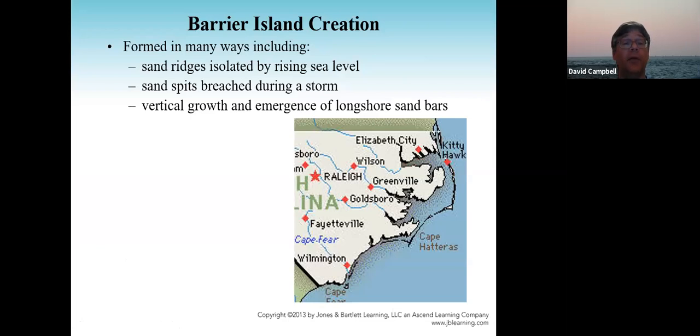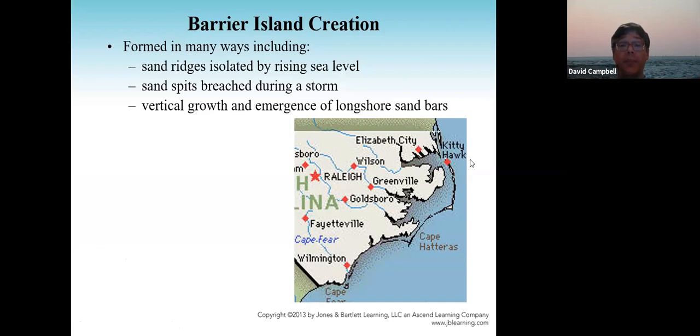How do you make a barrier island? There are several different possibilities. If we have a ridge of sand up on land, and then sea level rises, or the land sinks, then that forms a ridge and gets surrounded by water and becomes an island or series of islands.